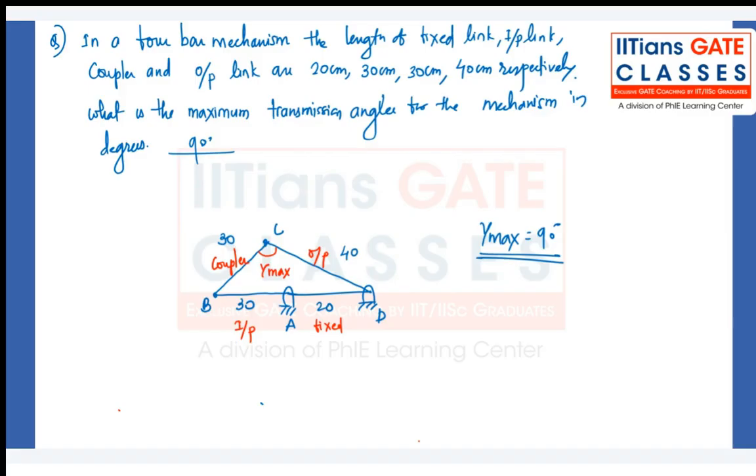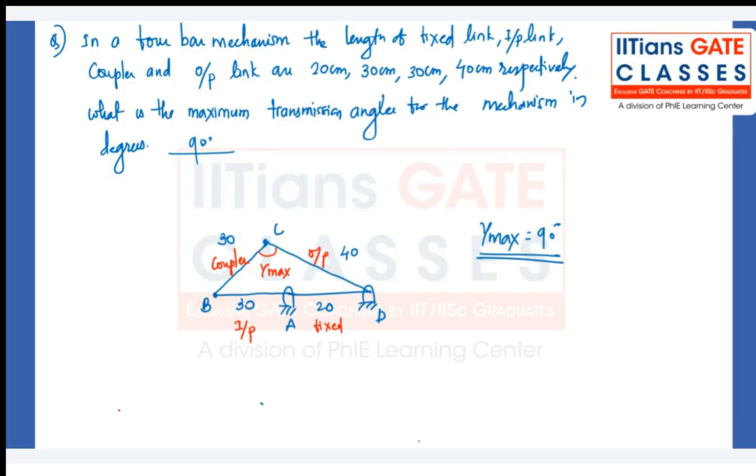Also, they can ask you directly using the formula. This is from the first topic. Theoretical questions will be based on the inversions. They will ask you the advantages and applications of the inversion and questions associated with it. They can also ask a question on the quick return ratio. So these are the possible questions from the mechanisms and machine.